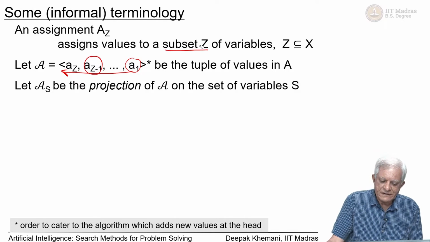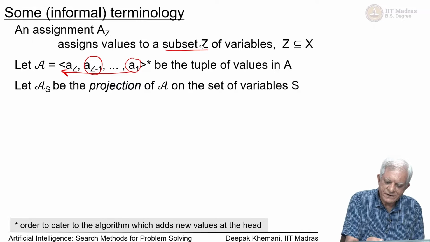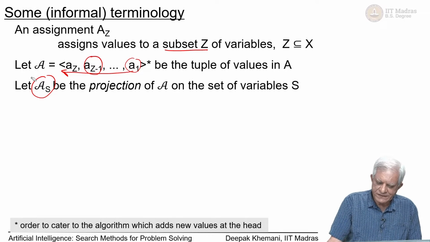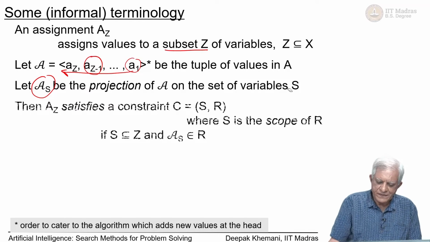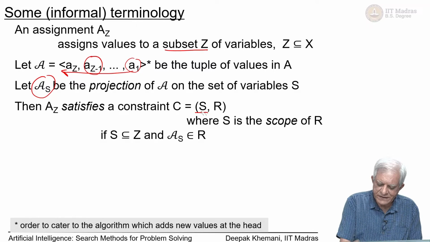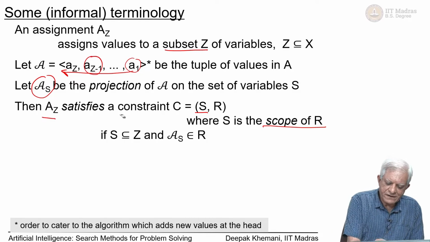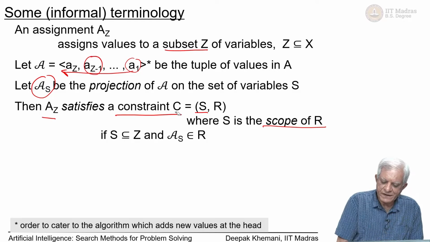Now, we project this tuple, that means we select a subset from that and we call it A_S. So, let it be a projection of this assignment on the set of variables S. Then we say that if S happens to be the scope of this particular relation R, then we say that A_Z satisfies the constraint C. What is the constraint C?